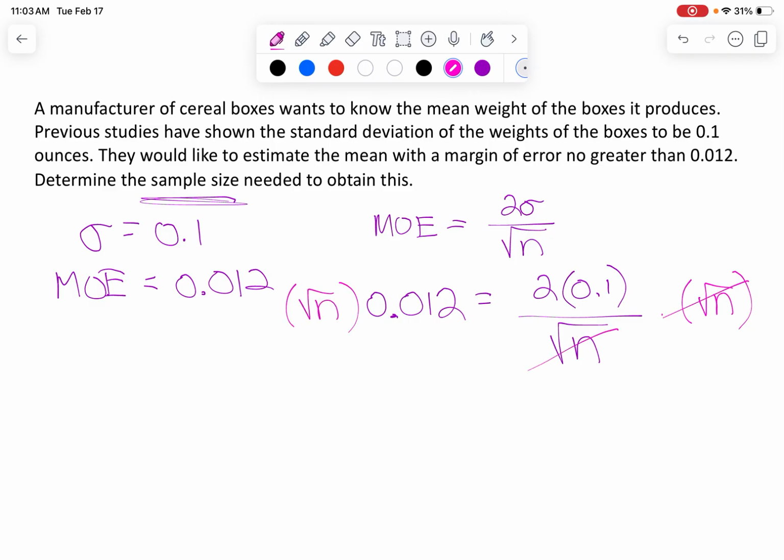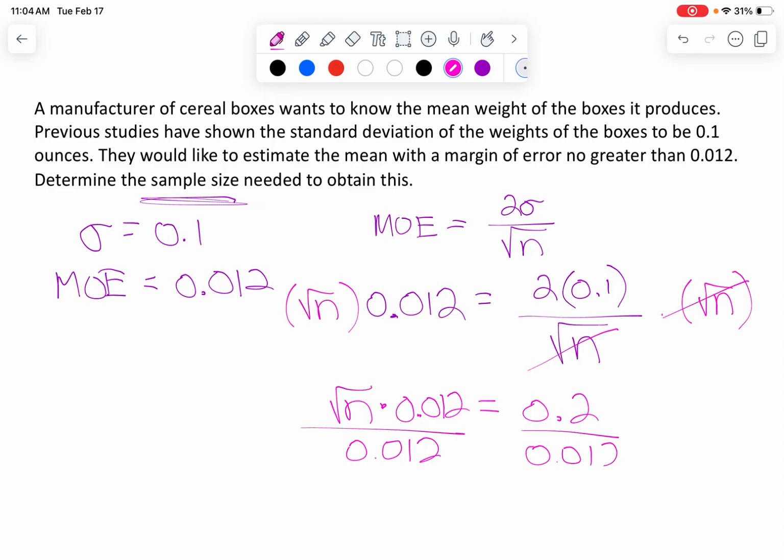So these cancel out. So this side would be 0.2. And over here we would have the square root of n times 0.012. Okay. Next, I want to isolate the square root of n. So I'm going to divide by 0.012 on both sides. So these would cancel.